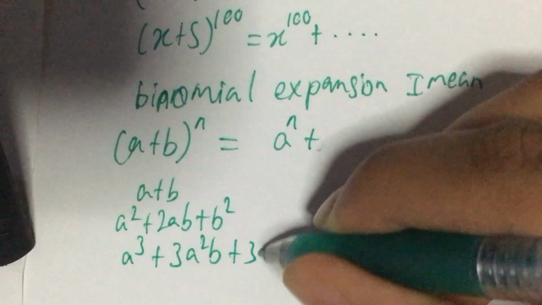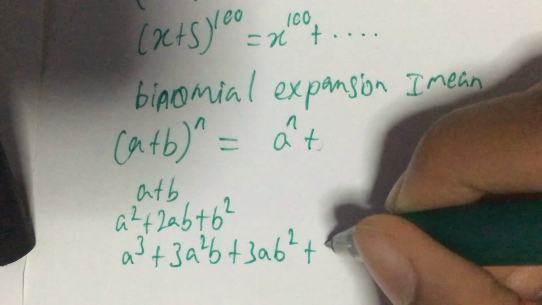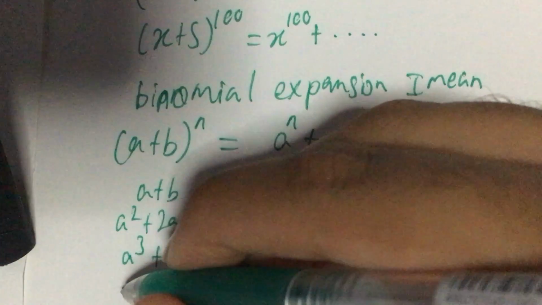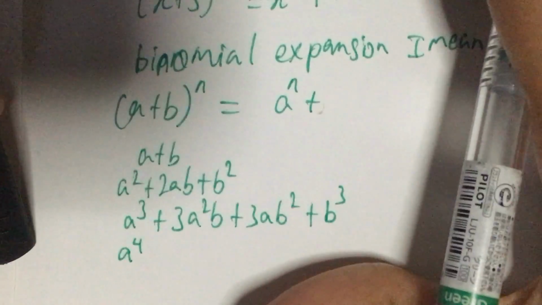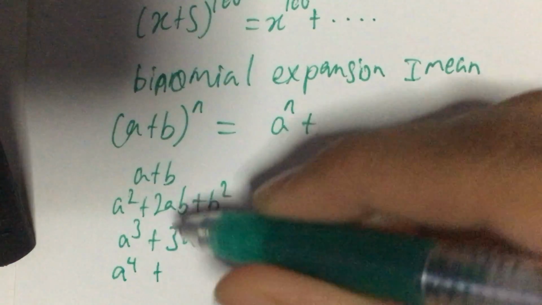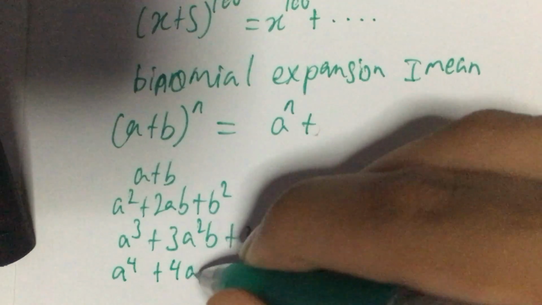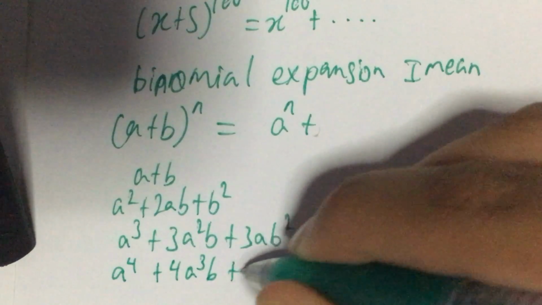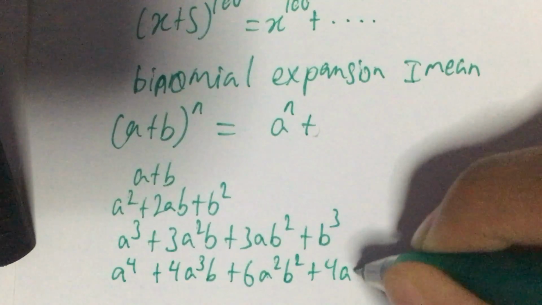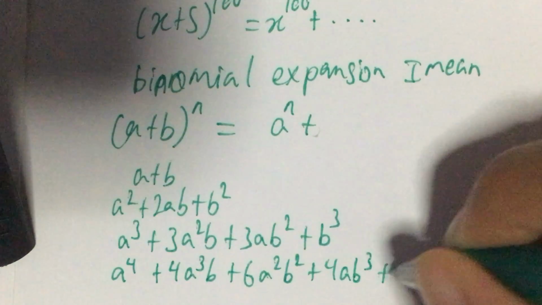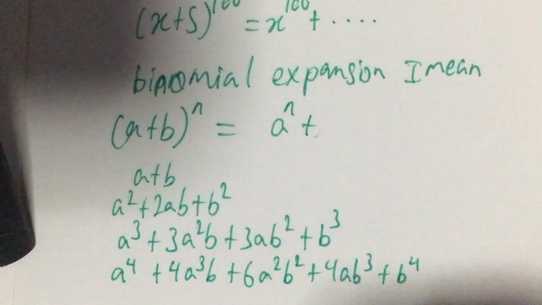And for the power of 4 you will get a to the power of 4 plus 4a cubed b plus 6a squared b squared plus 4ab cubed plus b to the power of 4.